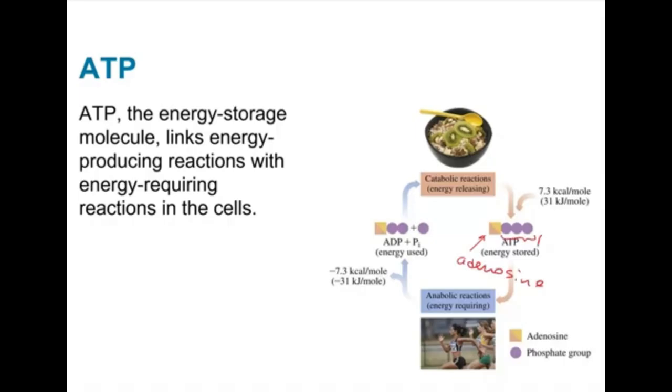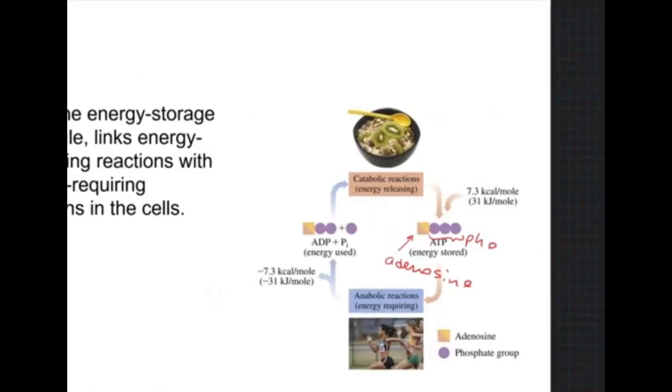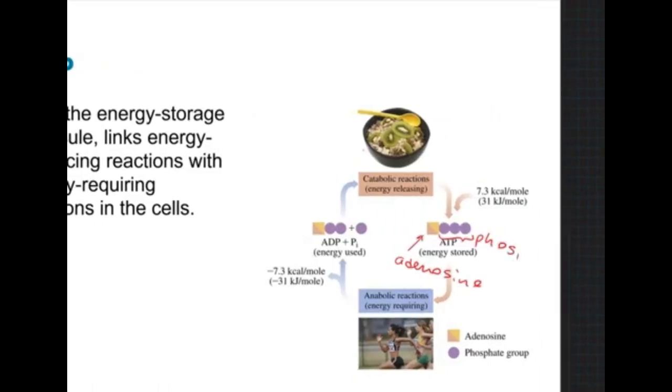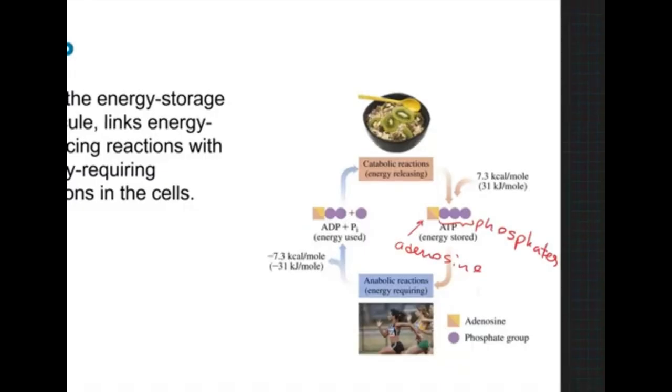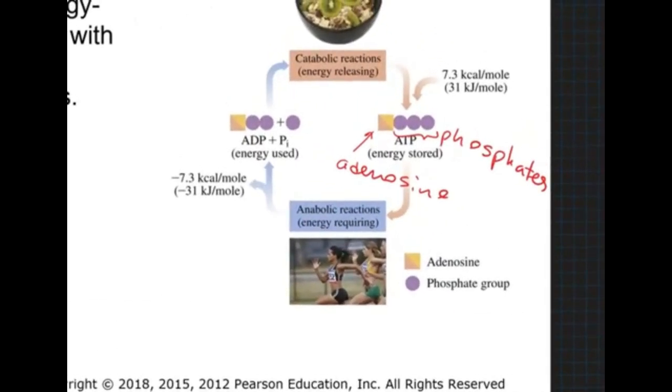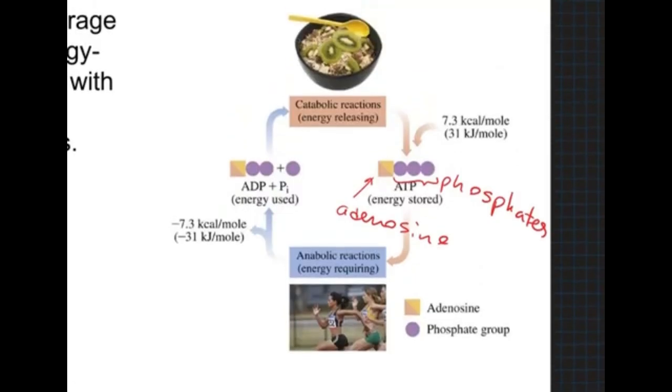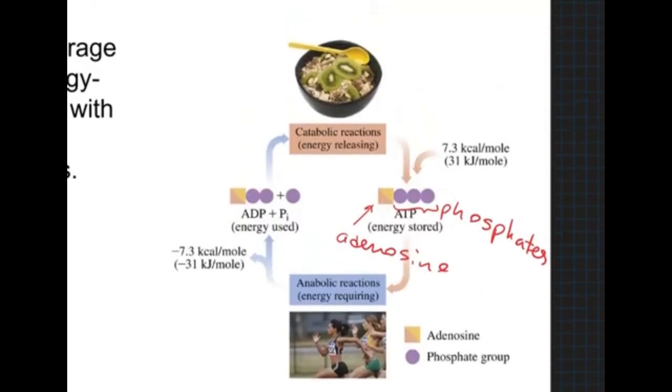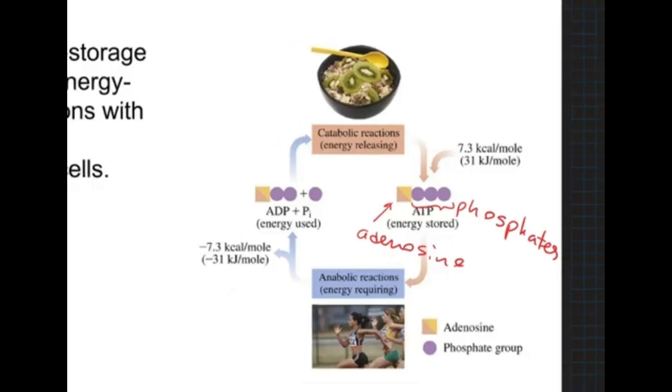And these are phosphates. And then this ATP, the energy, is used for some kind of anabolic reactions, like synthesizing proteins, something like that. Okay, broken down to ADP and phosphate, and the energy for restoring ATP comes from food again.